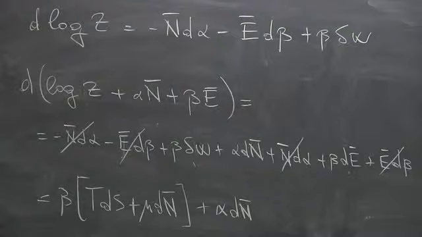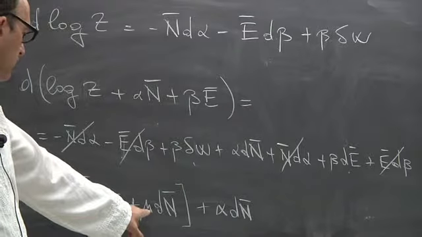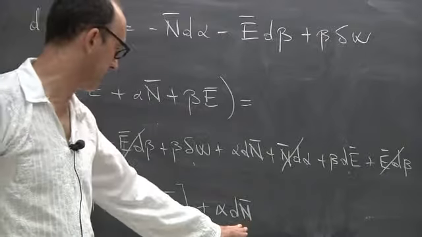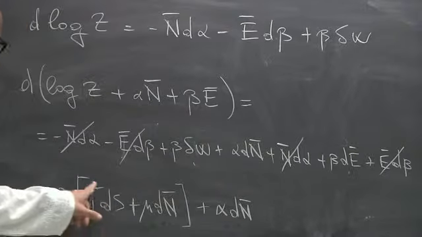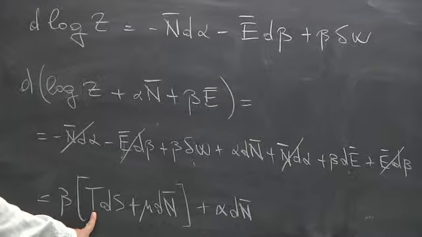Now, if I want this to be an exact differential, then in order for it to be an exact differential, we must have that this term and this term cancel, and this should be a constant. Beta times T should be a constant.